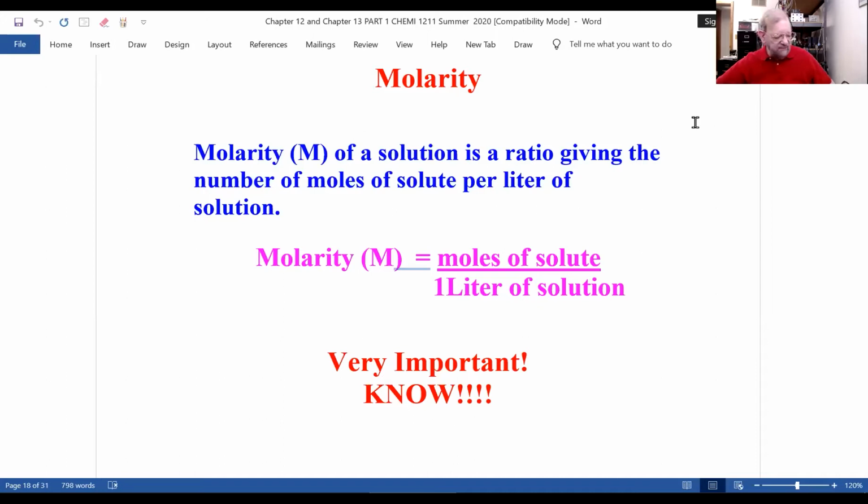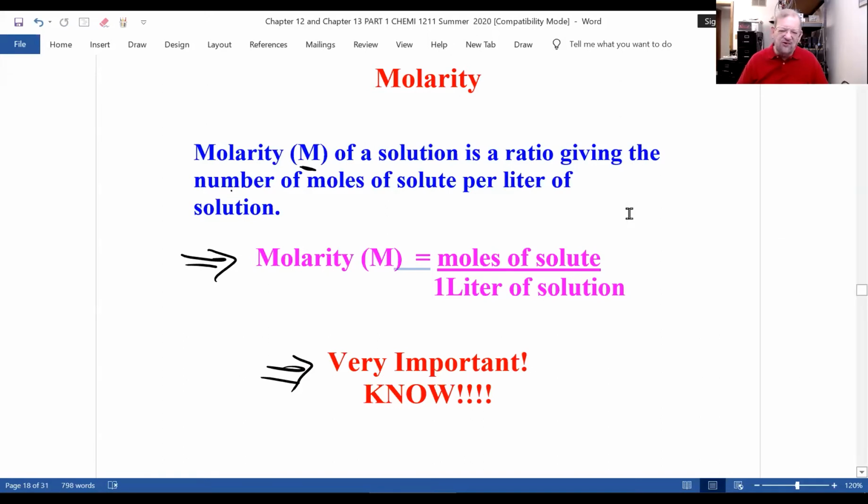Molarity is indicated by a capital M. And molarity by definition, which is very important, is moles of solute per 1 liter solution.